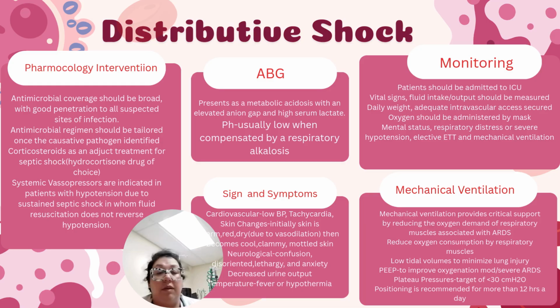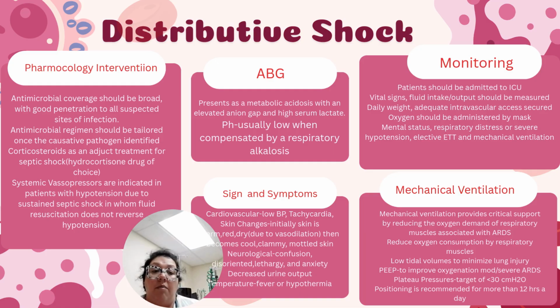For patients with distributive shock, mechanical ventilation provides critical support by reducing the oxygen demands of respiratory muscles associated with ARDS. So these patients will have a reduced consumption by respiratory muscles, so low tidal volumes to minimize lung injury, PEEP to improve oxygenation, just as the ARDS protocol.